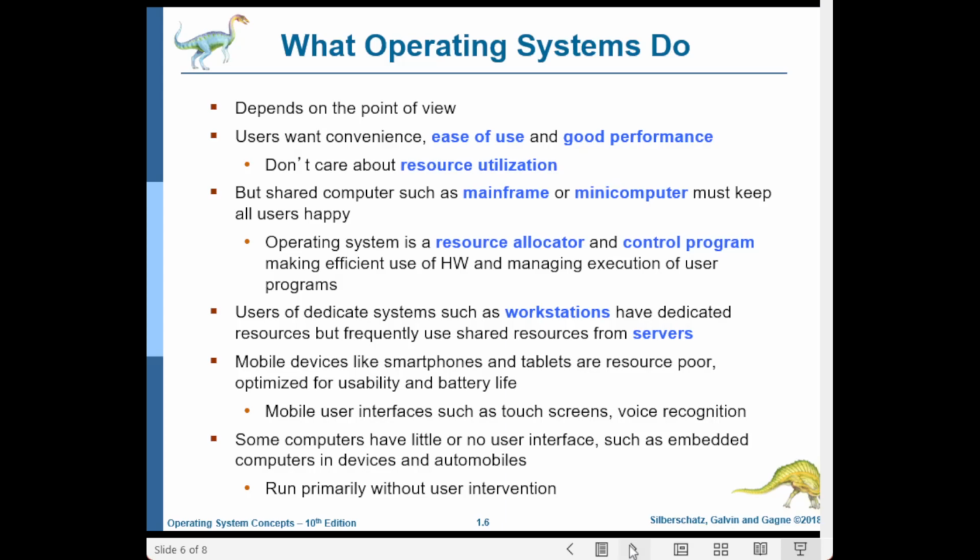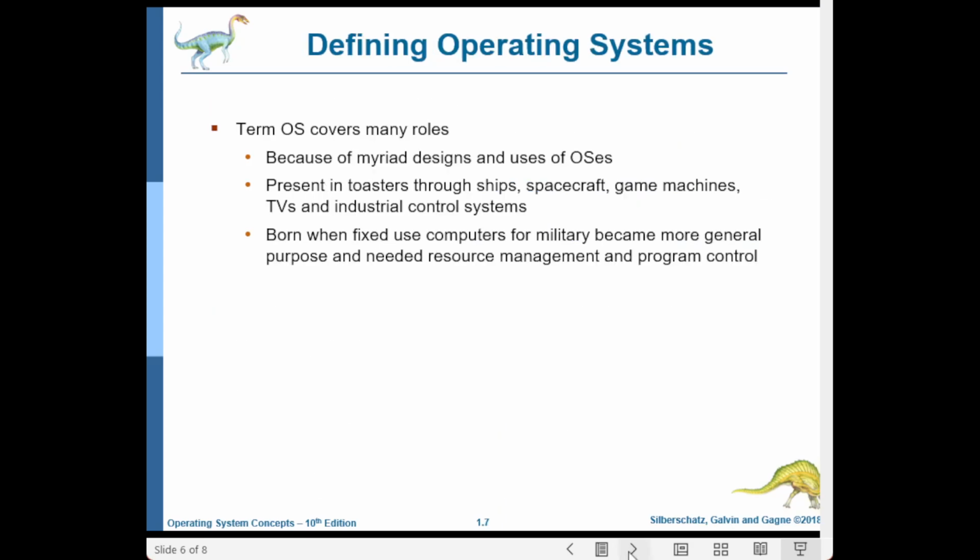From this discussion, we can see that OS covers many roles. We can see that OS is present in a toaster, which is an embedded operating system, and OS is also present in ships, spacecraft, and game machines.